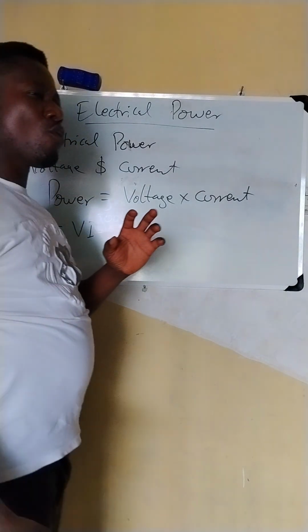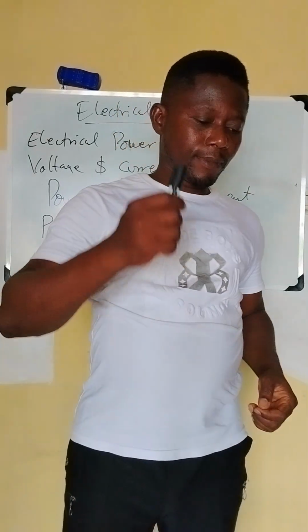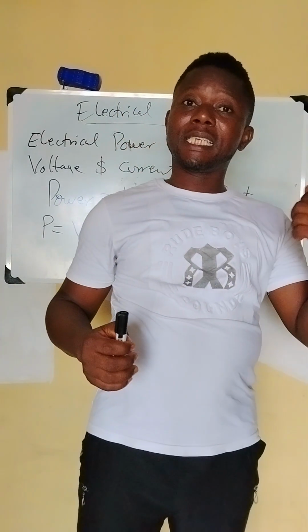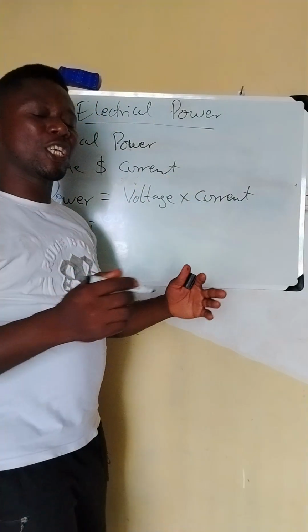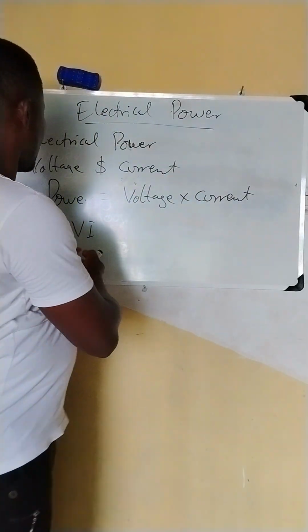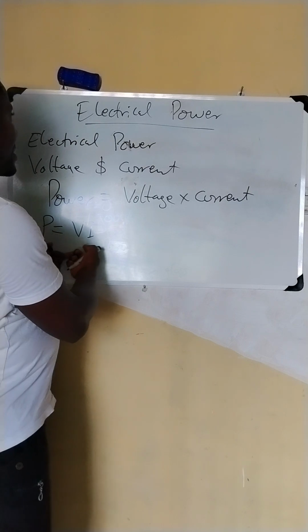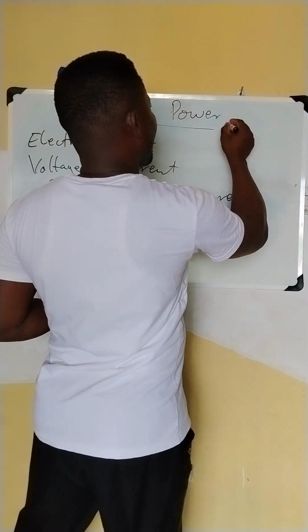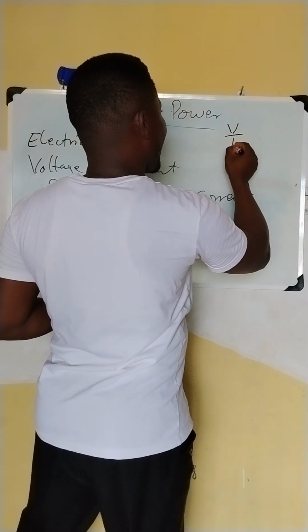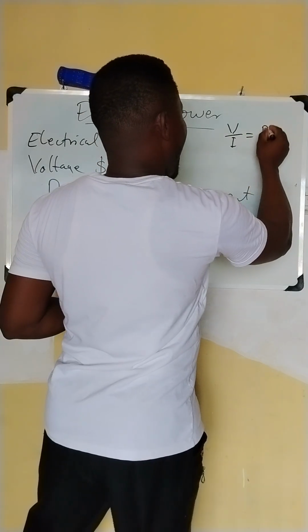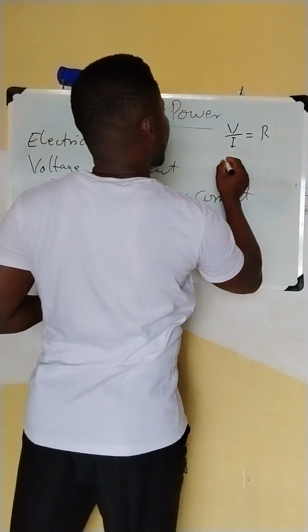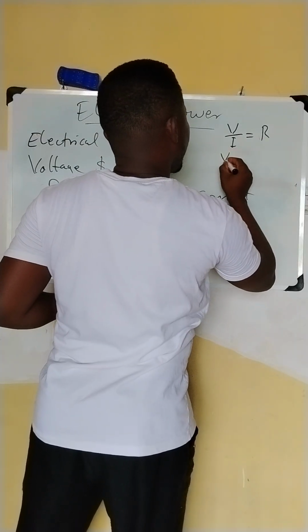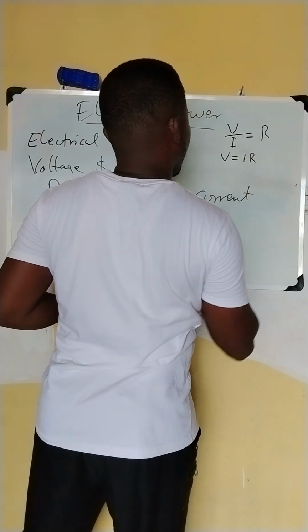Now I want you to remember something from Ohm's law. In one of our previous lessons, I told you that Ohm's law explains the relationship of voltage and current. And I told you that V over I is equal to R. So from this formula, I also wrote that V is equal to IR.